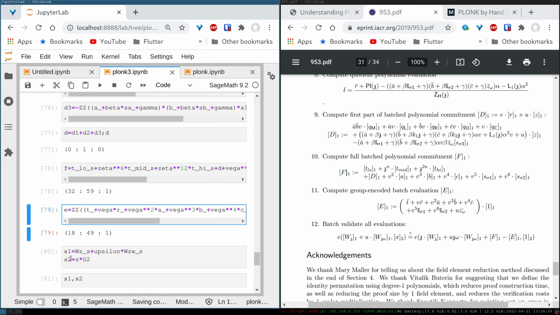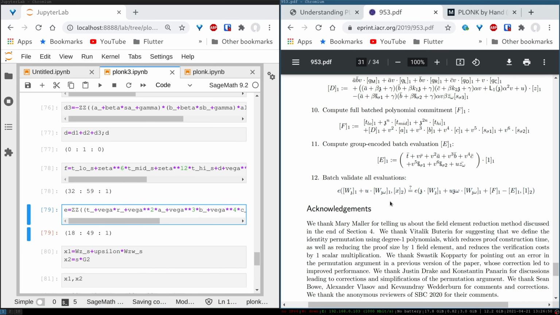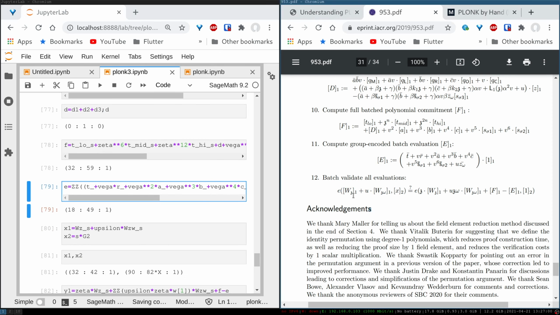And now finally, we have to do the pairing check. So pairing check is between these 4 points. So the first point here is WZ plus epsilon times WZW. Right, so this is part of the first group. That's why it's indexed by 1.